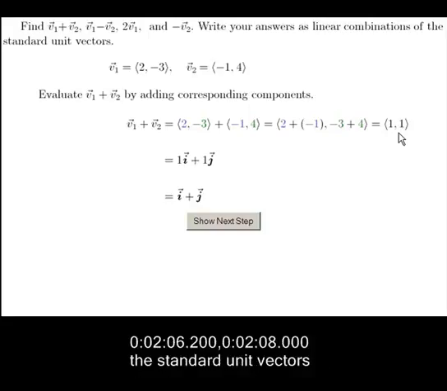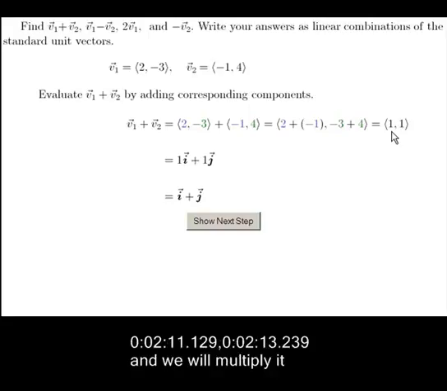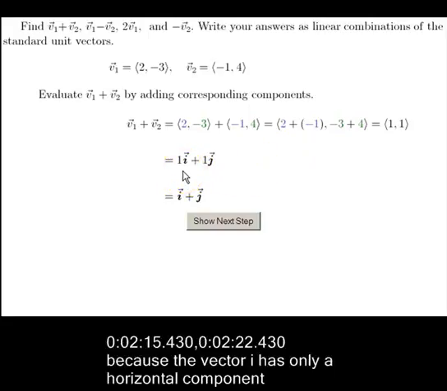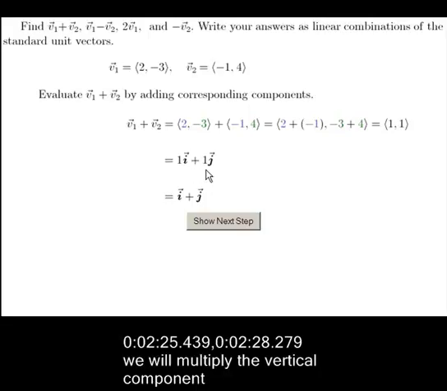And how we are going to write this using the standard unit vectors is we will take our horizontal component and we will multiply it by the vector i, because the vector i has only a horizontal component. And the same with the vertical component.